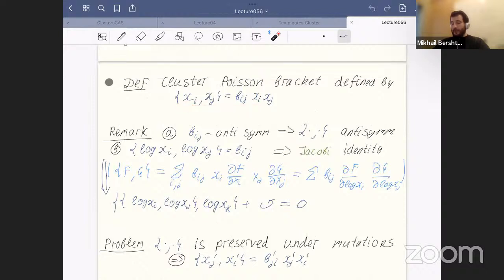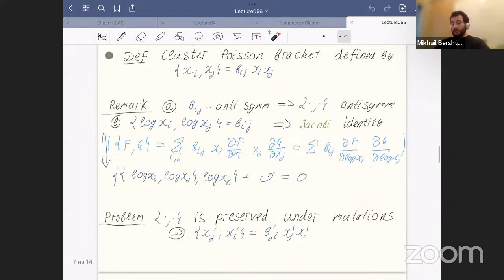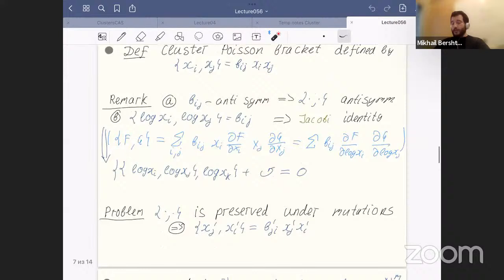If you have the X cluster variety with variables x, then we can define a bracket by the formula that the bracket of xi and xj is equal to bij xi xj. This is logarithmically constant. So in this formula, the bracket is quadratic, but if you consider logarithmic coordinates, then the bracket will be constant.